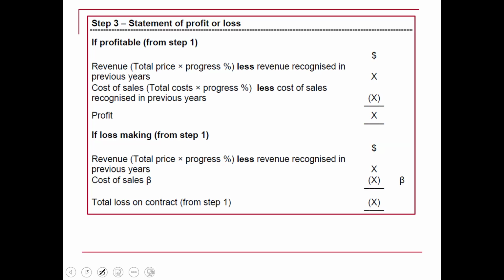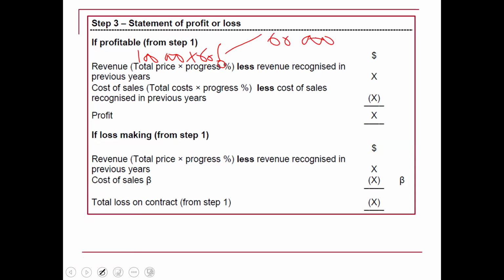So if we feel that we are 60% through, and the total amount we've charged is, for example, 100,000, then our price is 100,000. We have determined that we are 60% through. So if we are 60% through, revenue is 60,000.